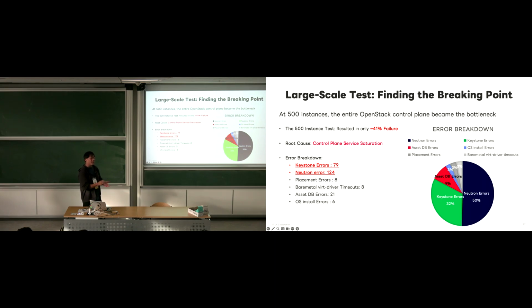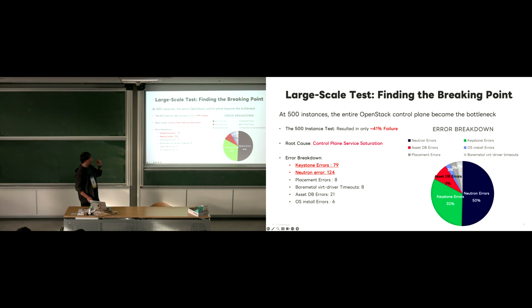We are using the Kubernetes service for hosting Nova API and all of the OpenStack services, Nova, Neutron, Glance, and such kinds of control plane services were saturated by this huge instance creation request. So we broke down the errors like this.